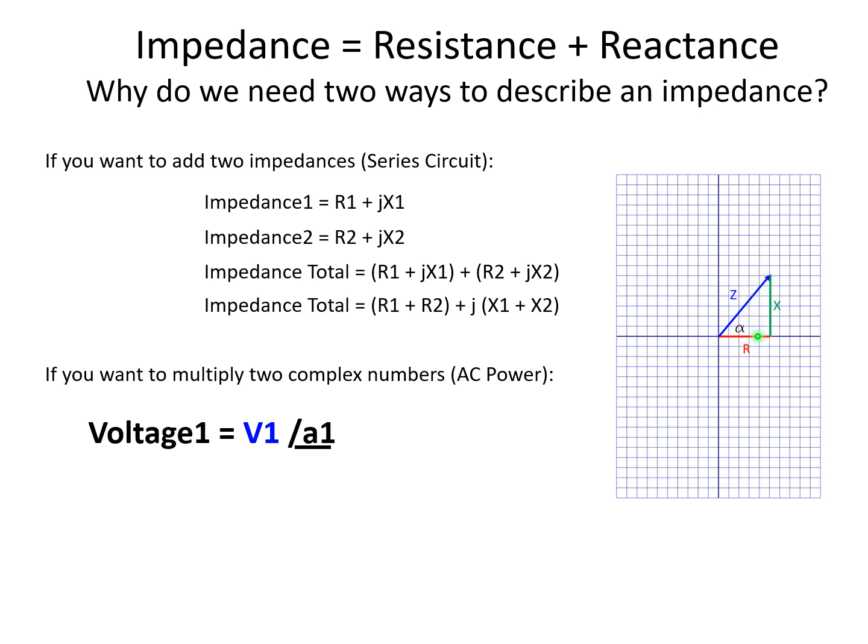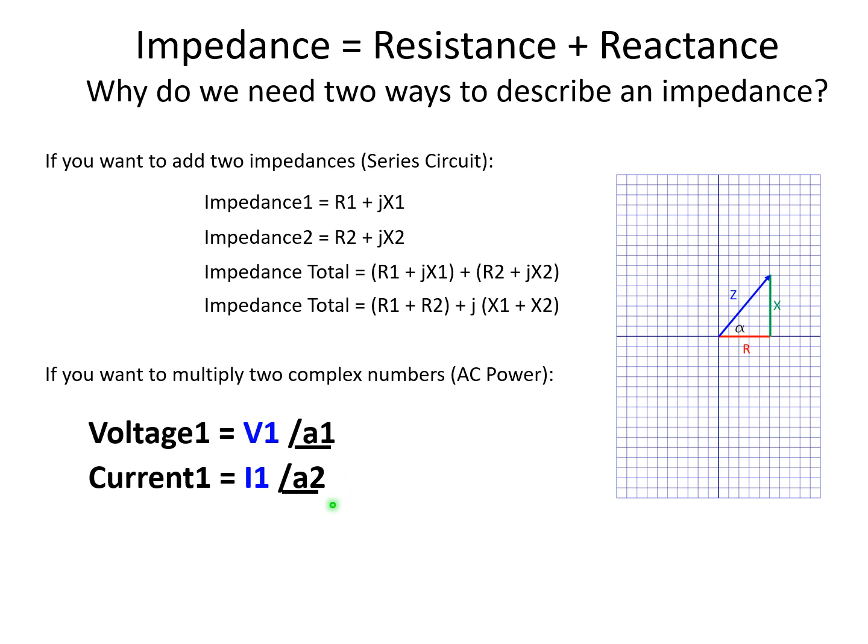So that's what's meant by a complex number. This is a complex number because it's described as the magnitude, this blue line here, at a particular angle.